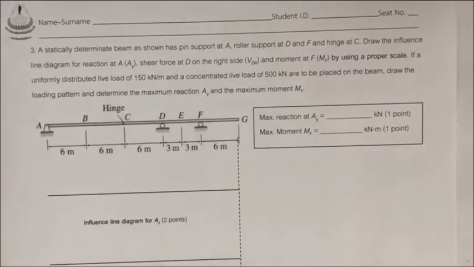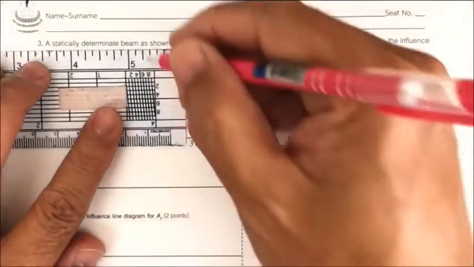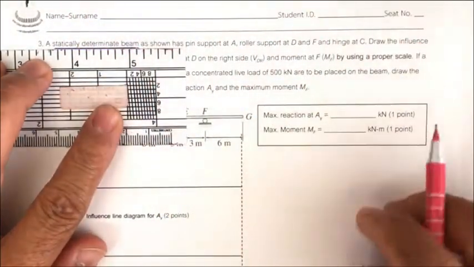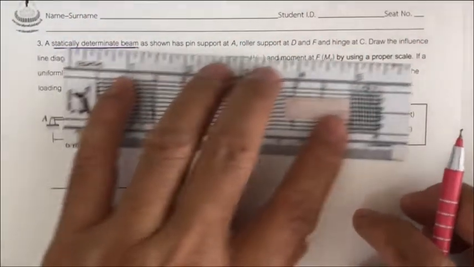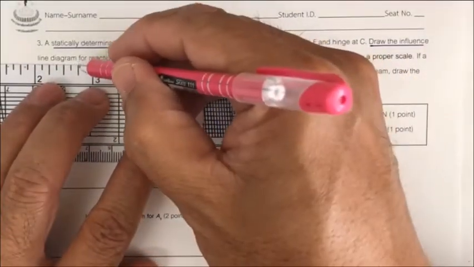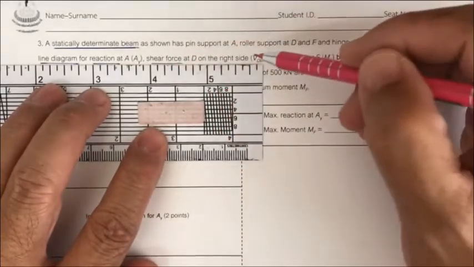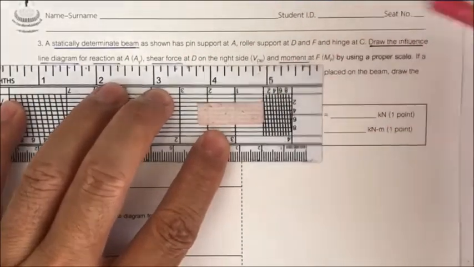Hello, สวัสดีครับ, we are going to have one more extra example on a statically determinate beam. We are going to do two things for this. One is we are going to draw the influence line diagram for the reaction, for the shear force, and for the moment.